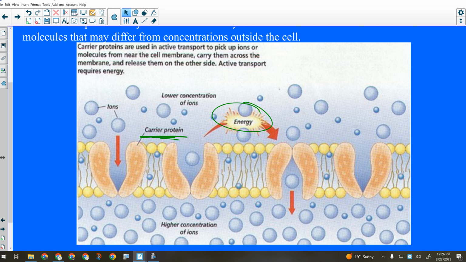It causes the carrier proteins to change shape and open and close, causing a pumping action that will pull materials from an area of low concentration to an area of high concentration, which is the opposite way they generally want to move by nature. So active transport expends energy to basically pump water uphill. It's moving things in the direction they wouldn't normally go.